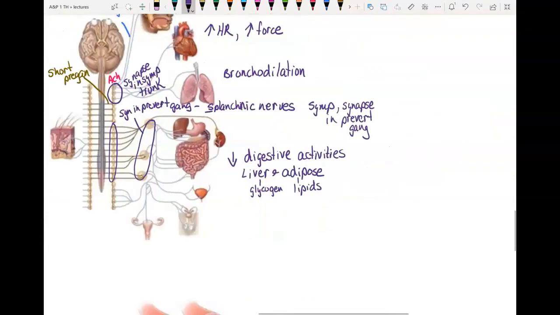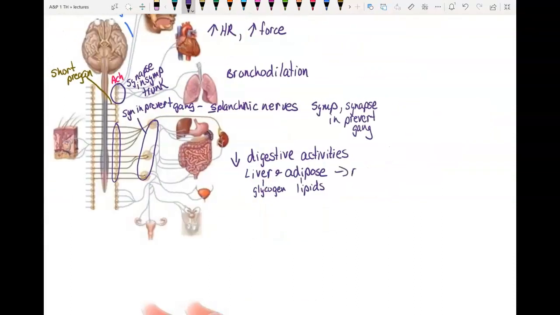They are going to release their stores. This will give you more glucose. Remember, glycogen breaks down to glucose, and lipid goes into your blood, because when you're active, you need ATP. So this way you have plenty of nutrients to make ATP with.